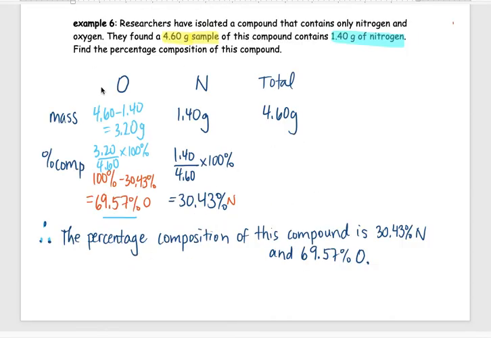Here's my final statement. One thing I want to point out is, if you want to write percent composition or say percentage composition, both of those are fine. In this case, we didn't know what the formula was, so I just called it percent composition of this compound: 30.43% is nitrogen and 69.57% is oxygen.